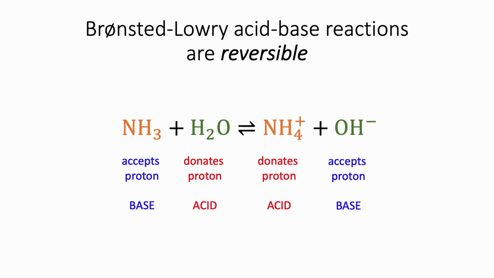So what you'll see here is that in a reversible Bronsted-Lowry acid-base reaction, you're going to have two sets of things. You're going to have one set where, in the reactant side, there's something that accepts a proton and turns into a product. That product in the reverse reaction is going to donate a proton, is going to be an acid.